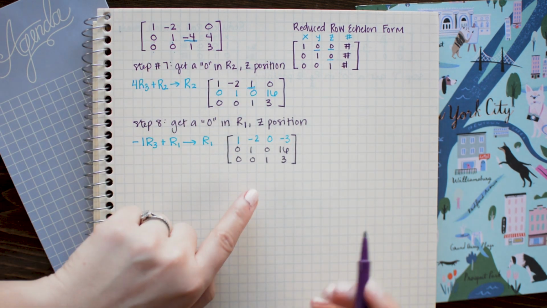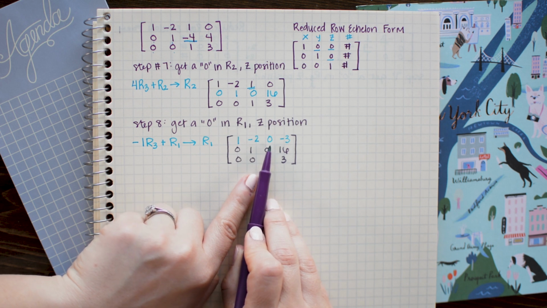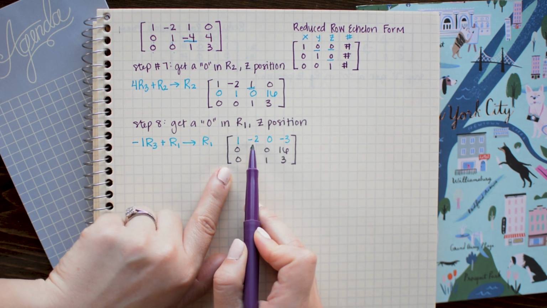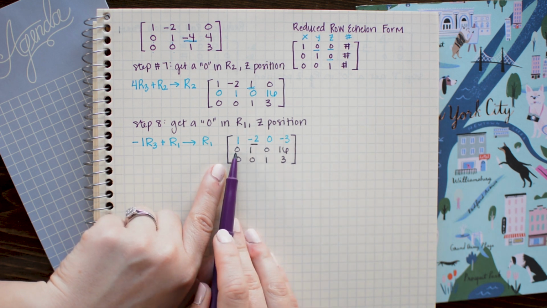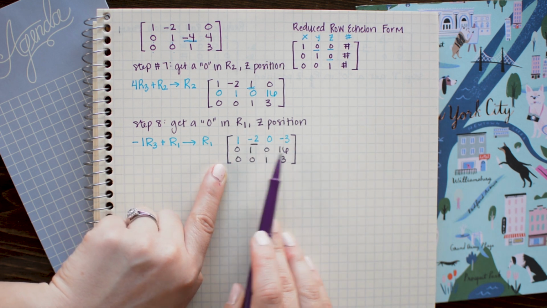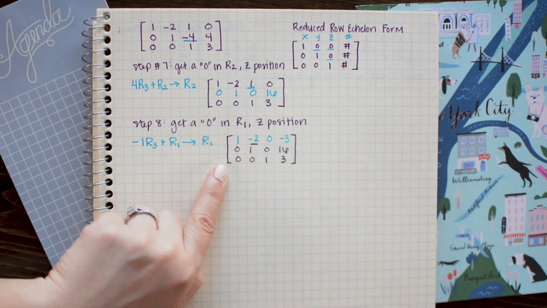All right, so now I have the 0 in this position, and the last place for me to get a 0 is going to be in row 1, y position. So to do that, I'm going to use a multiple of row 2, since row 2 has a 1 right here, to get this to be 0.